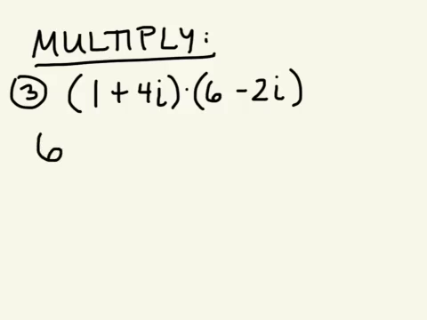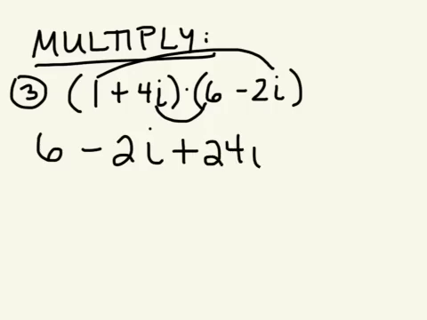The outer product will be negative 2i. The inner product will be positive 24i. And the last product will be 4 times negative 2, which is negative 8, times i squared.